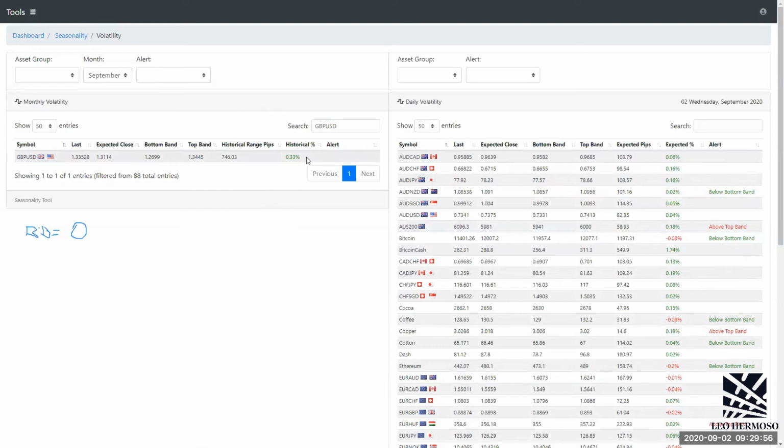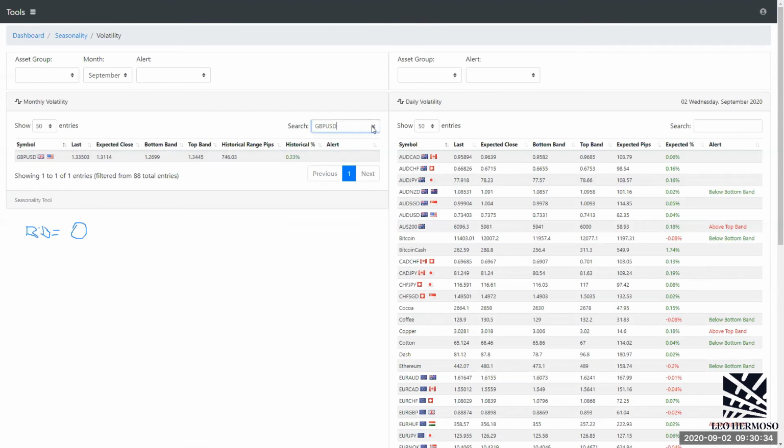And this field, historical percent, tells us, from the open of the month to the close of the month, how much in percentage GBP USD did in September since 2000. On average, it's a positive month for GBP USD, and on average the price goes up 0.33%. The expected close is the open of the month plus this percentage.